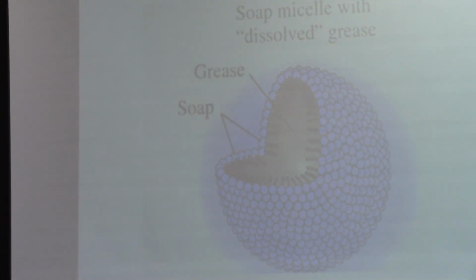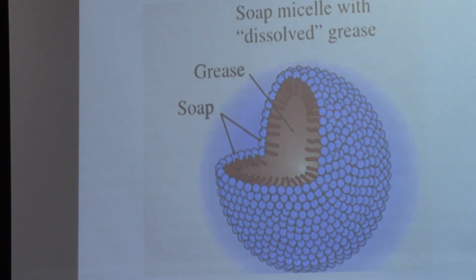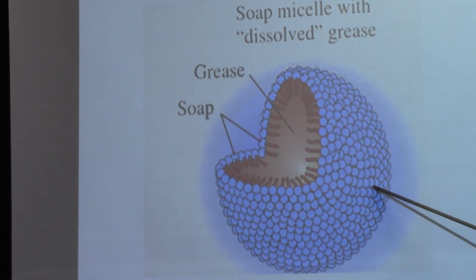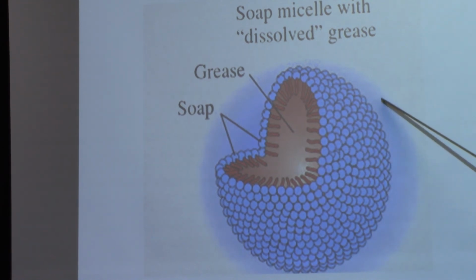All right, so this is a cartoon of what happens after the micelle forms around the oils of your hands. After you've added the soap to your hands, this blue part out here is water. These are the heads of the soap molecules. They're attached to the water.